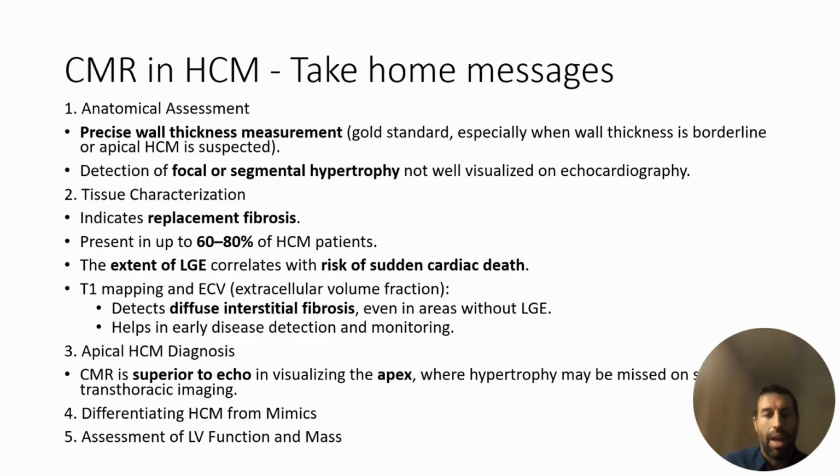Regarding apical hypertrophic cardiomyopathy, CMR is superior to echo in visualizing the apex, where hypertrophy may be missed on an echocardiographic scan. We can differentiate hypertrophic cardiomyopathy from mimics, as we discussed, and it is the gold standard to assess the LV function and the LV mass. Thank you very much.